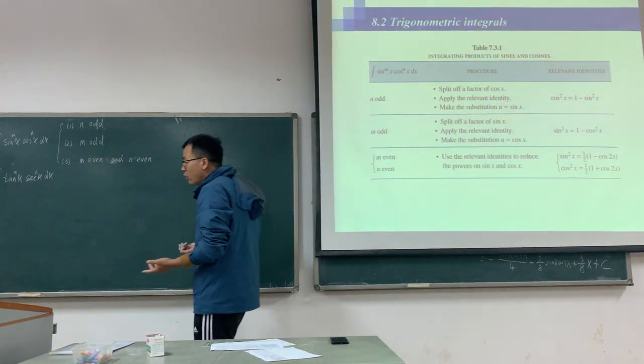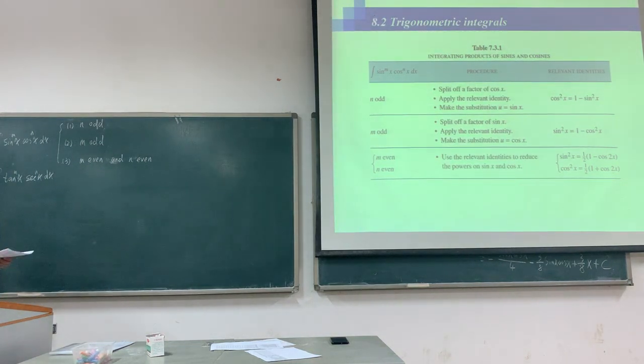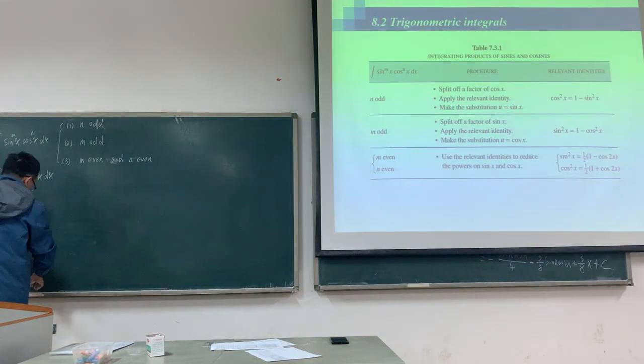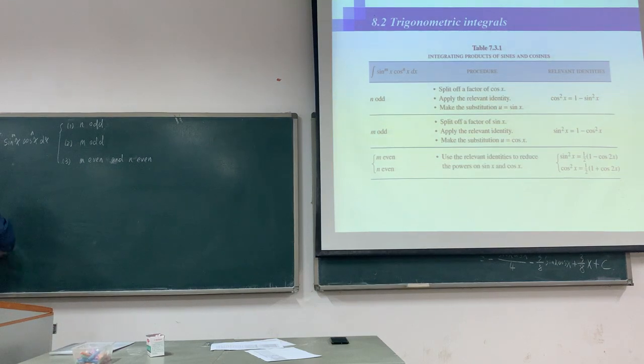So for this form, we give an example. Here is the antiderivative of sin x to the fourth power cosine x to the 5th power dx. That is the first one.